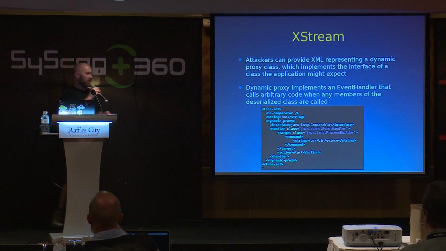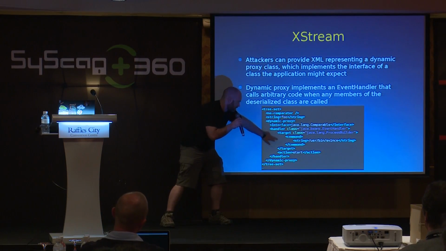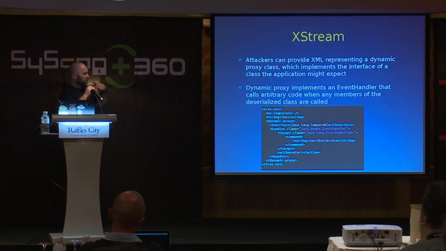In this case, it's construct a ProcessBuilder object of events and start it. So as soon as the server receives this serialized XML snippet and deserializes it, it compares the comparable objects in the TreeSet, and comparing the proxy one causes events to be executed.